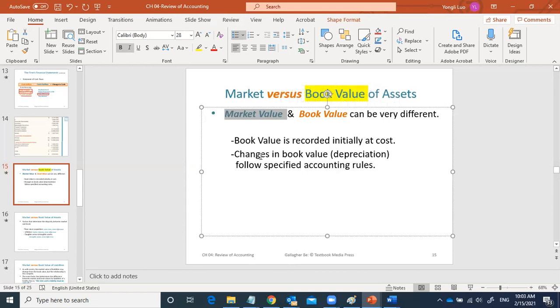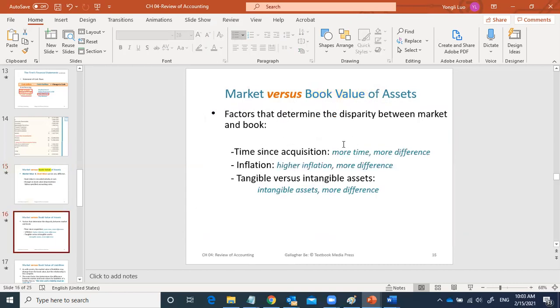However, book value is not always the same as market value. The market value is the market price times the total number of shares outstanding. So market value and book value are not always the same. Sometimes they are even quite different.